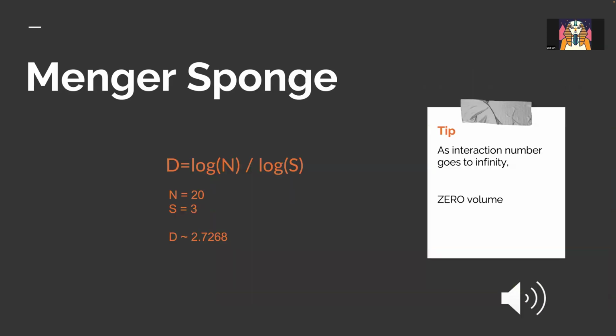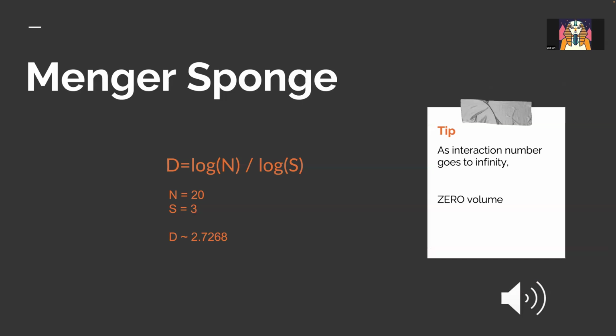As you see, D is the dimension, and the formula we use to calculate the Menger sponge dimension is D = log N divided by log S, where N is the number of self-similar pieces after one iteration, and S is the scaling factor.